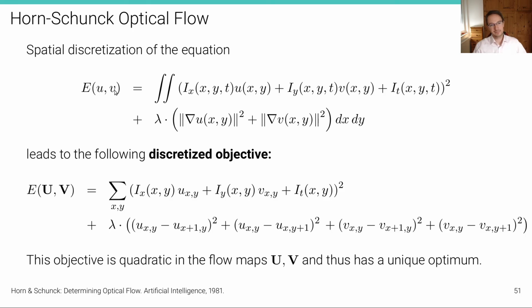And this variational formulation becomes a standard energy function, where the functions u and v are replaced by the flow field u and v. So u and v are matrices of the size of the image, where u stores the value of the flow vectors at each pixel in horizontal direction and v stores those in vertical direction.